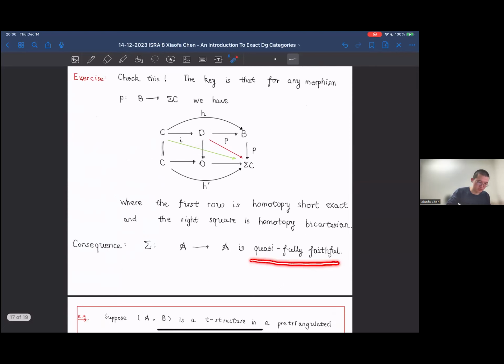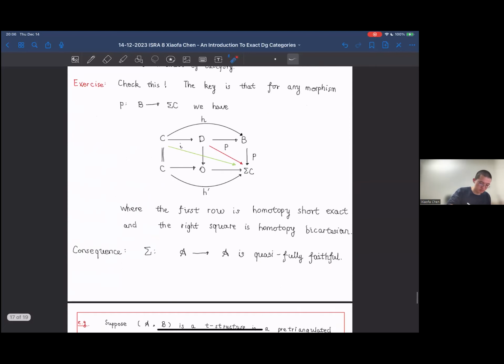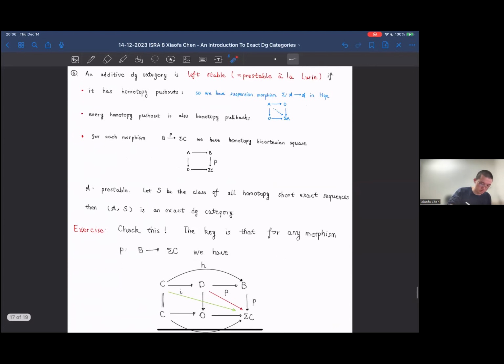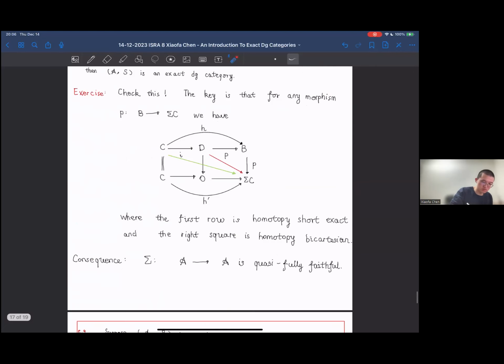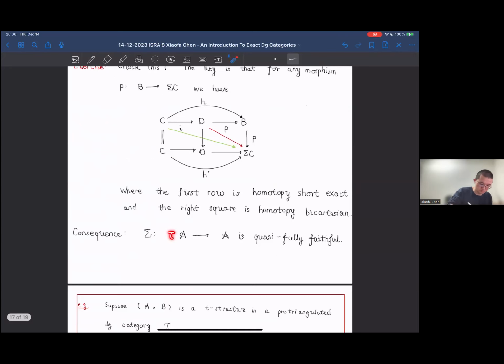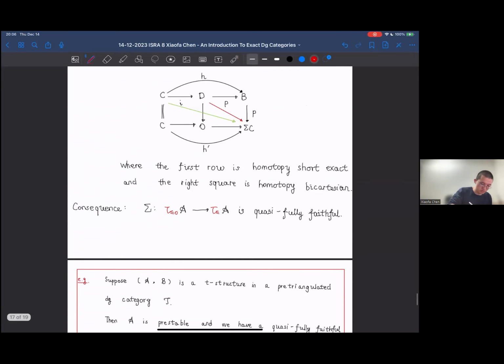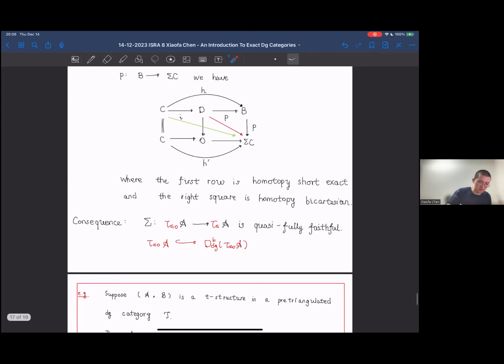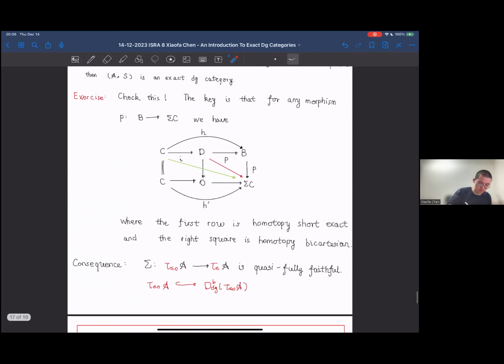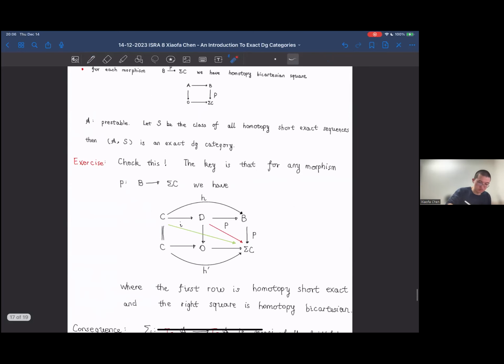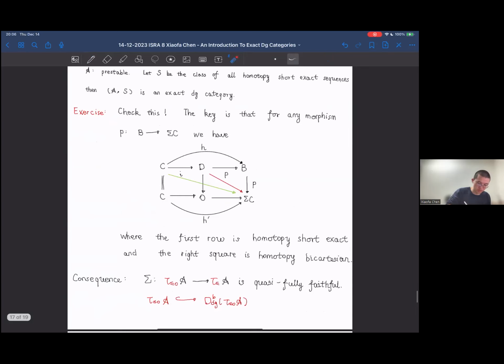Yes, this is because of the truncation of A. We have our embedding theorem from the truncation of A to its DG derived category, and here the suspension of the truncation of A will translate into the suspension in the triangulated category.